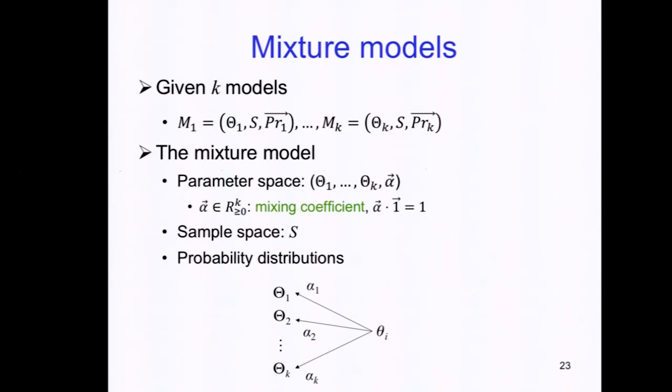For example, we're going to use the first model to generate the data with probability alpha 1. We're going to use the second model with probability alpha 2, and so on. Okay? And then after you have chosen the model to generate your data, you're just going to use the specified conditional distribution in that model. Let's say probability P_i, if you happen to choose the ith model. Okay, that's how we define a mixture model. Any questions?